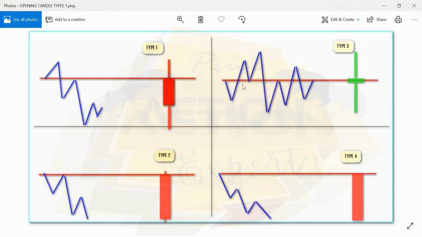The third one is this opening candle. All these patterns 1, 2, 3, and 4 can occur in any time frame. You can see them in monthly, weekly, even yearly, or H4 and H1, even daily and 15 minutes.